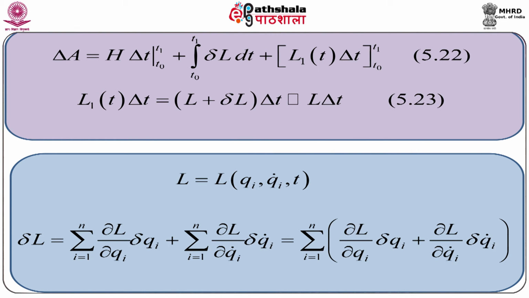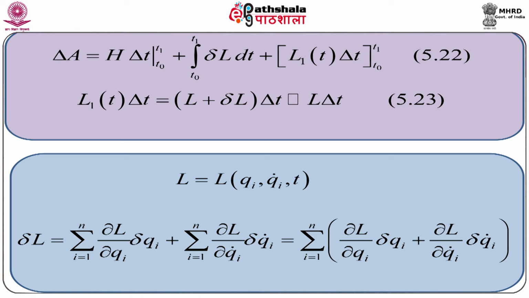Therefore, Δ A equals H into Δ T at t0 to t1, plus the integration t0 to t1 of δ L dt, plus L1 at t into Δ T taken at t0 to t1.